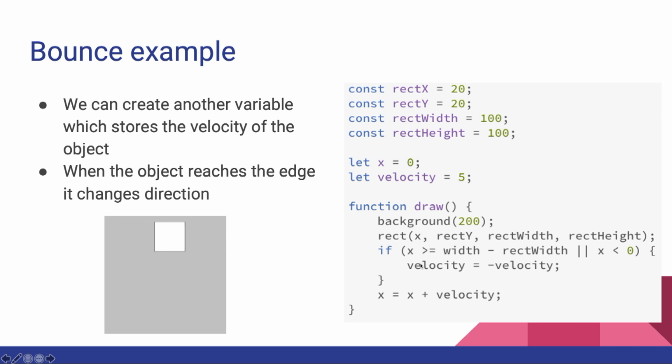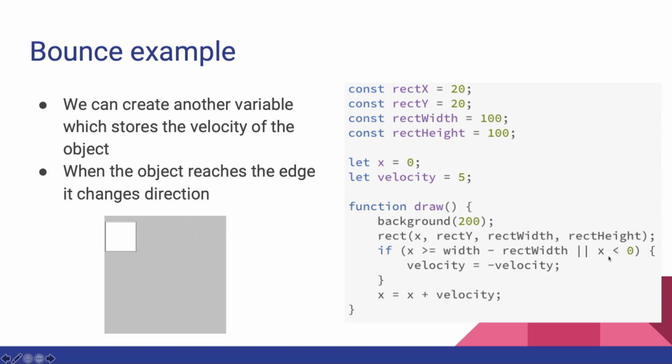So as it's moving left to right, the value will be positive, as it starts out here positive. And when it reaches the right-hand side, we flip it to minus itself, so we flip it to minus 5, and now the box is heading right to left until it reaches the left.